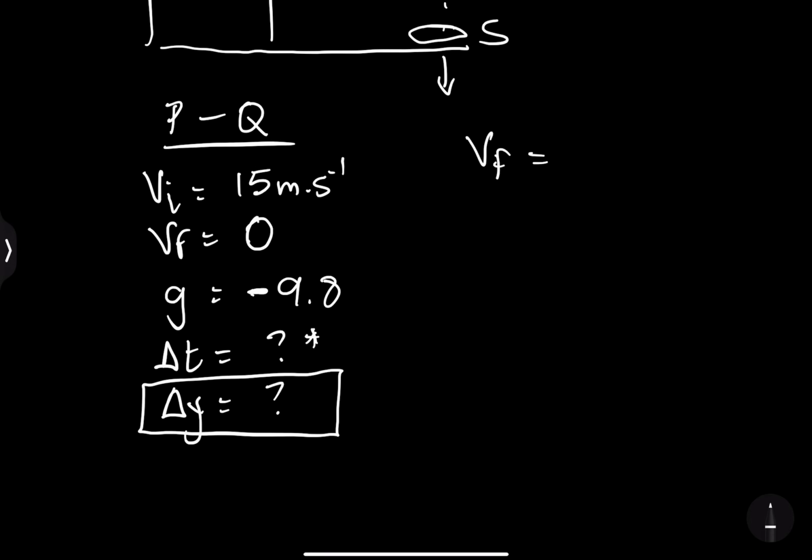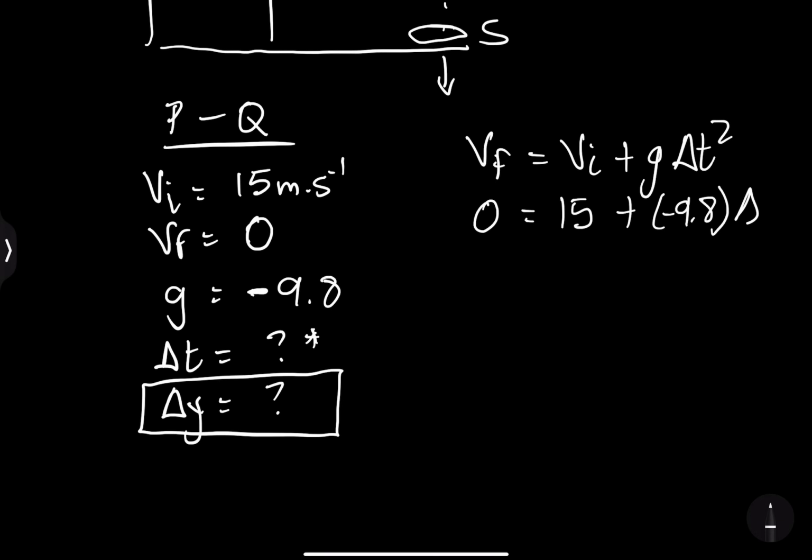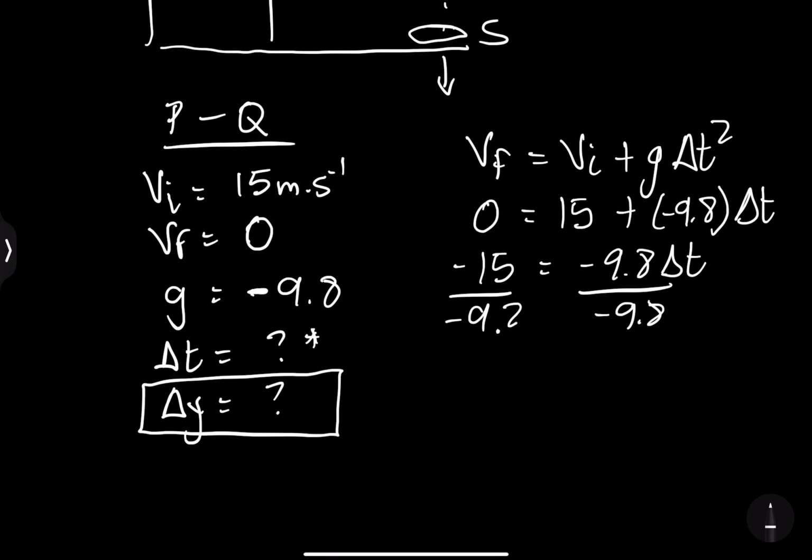That equation is VF equals VI plus g delta t. So our final velocity is 0, our initial is 15, plus a negative 9.8 times delta t. Take that to the other side: that's minus 15, which equals minus 9.8 delta t. We can divide both sides by negative 9.8.